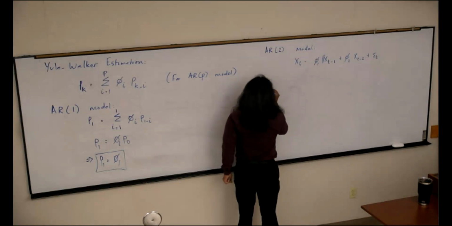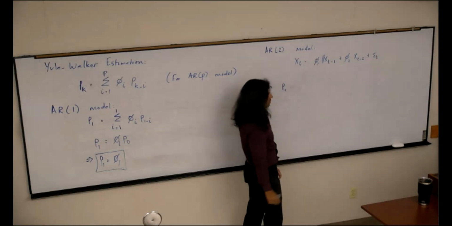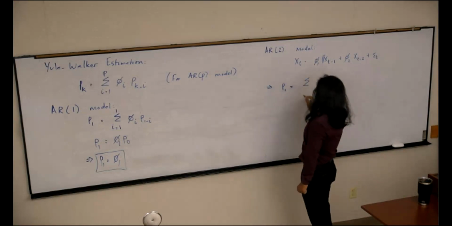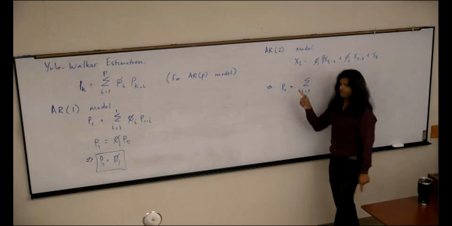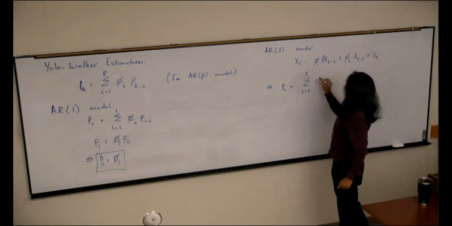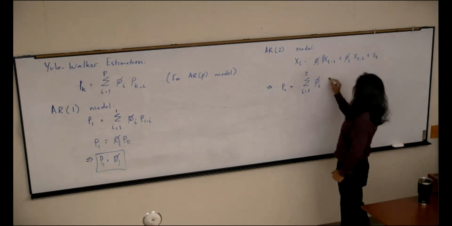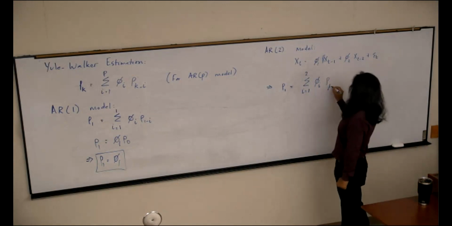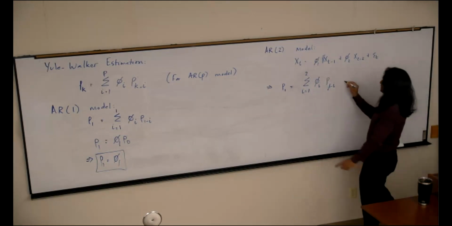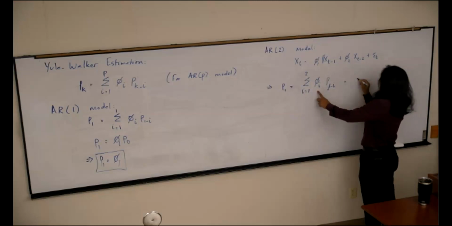Going back to our expansion, rho 1, so k is 1. I have the sum from i equals 1 to what is the maximum index that I will get to? 2. Of phi i rho 1 minus i. Let's go ahead and expand this out. When i is 1, we have phi1 rho 1 minus 1, rho 0.